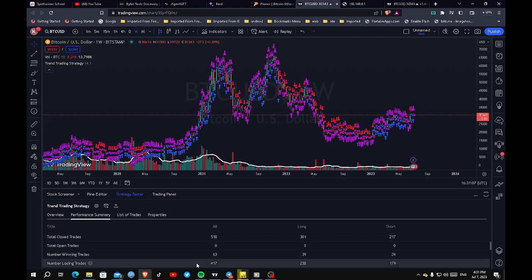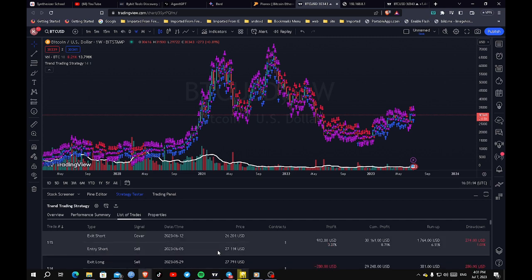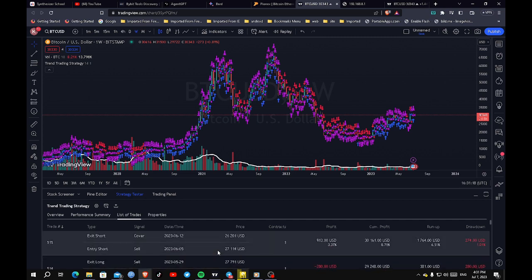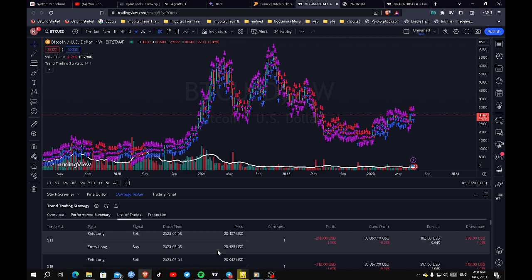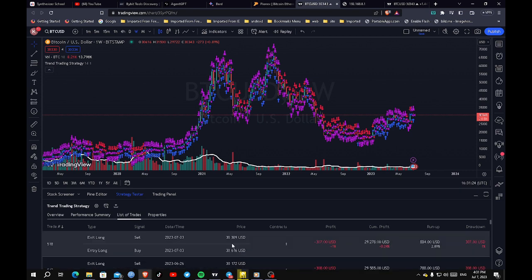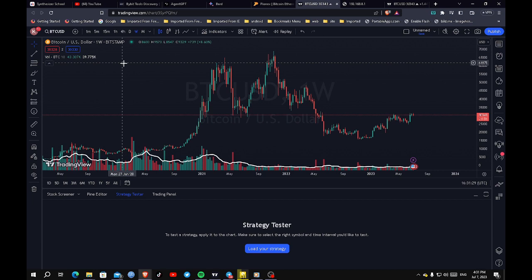The number of losing trades, that one is much higher. You can see that the profit was much higher than the losses. Yeah. This is a trend trading strategy.